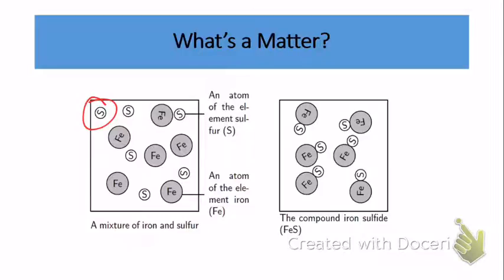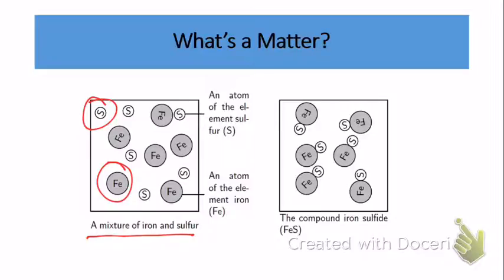So in this model, we have sulfur atoms and we have iron atoms. All right, and it is a mixture of iron and sulfur. So sulfur by itself is a pure substance. Iron by itself is a pure substance. But when they're mixed together, they form a mixture. All right? They're no longer just a pure substance, but a mixture.